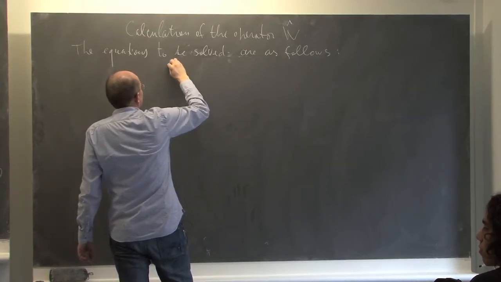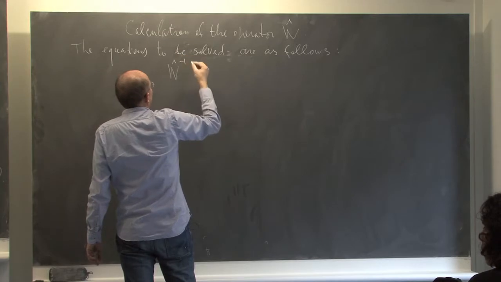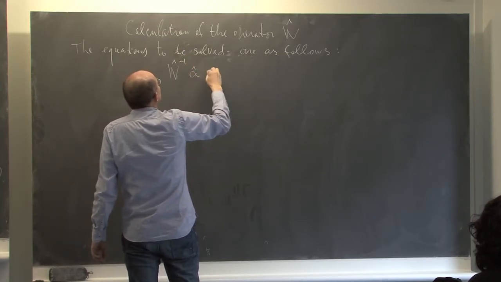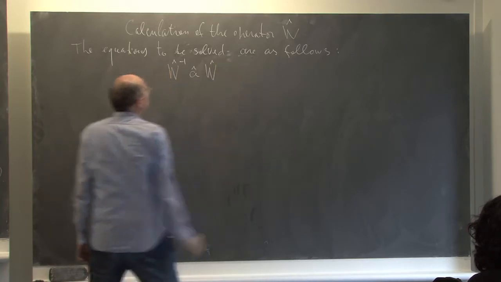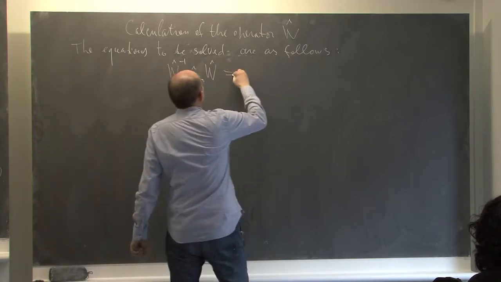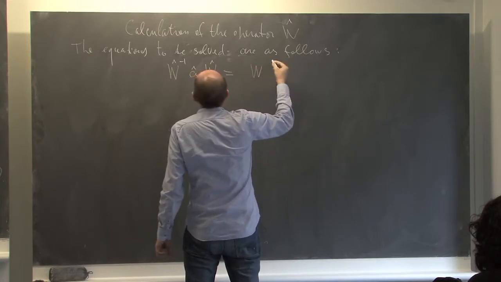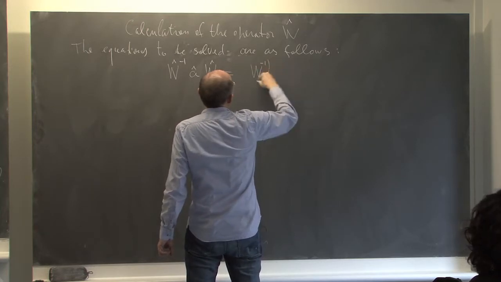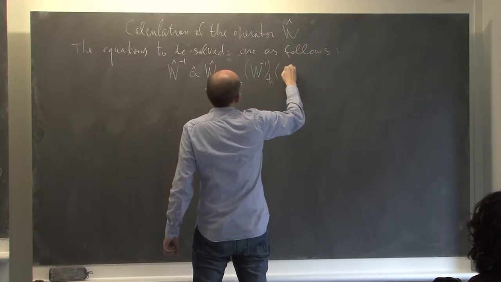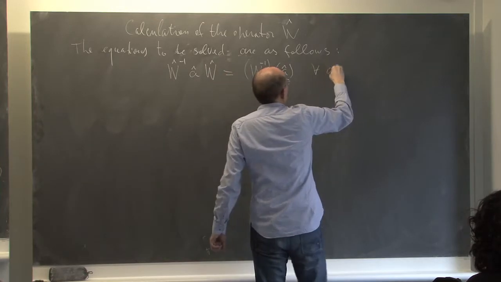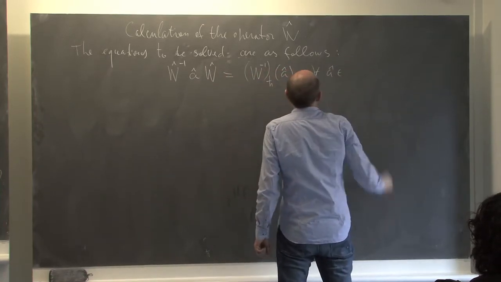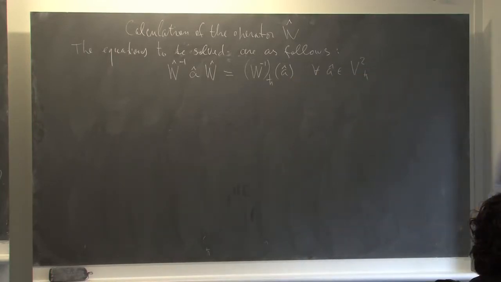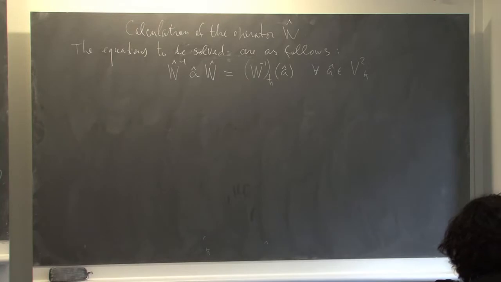So what we put, W hat minus 1 conjugates A hat and gives the image of W minus 1 sub H bar applied to A hat, to any A hat in the quantized algebra V2 sub H bar. Right? These are the general formula.